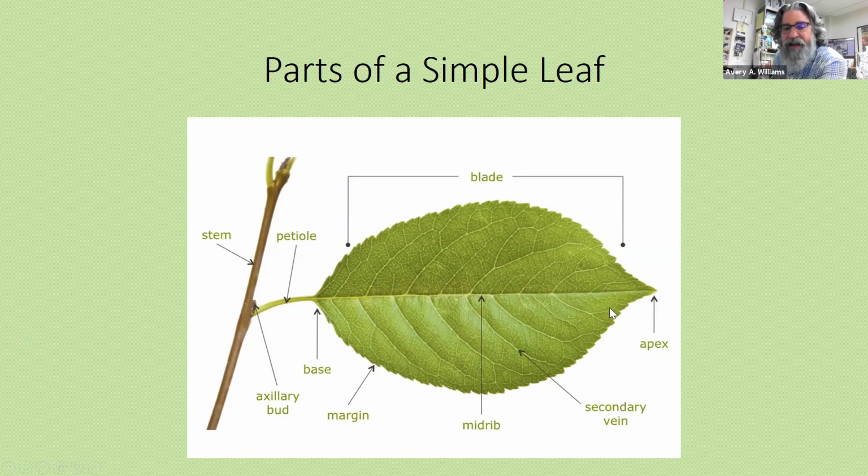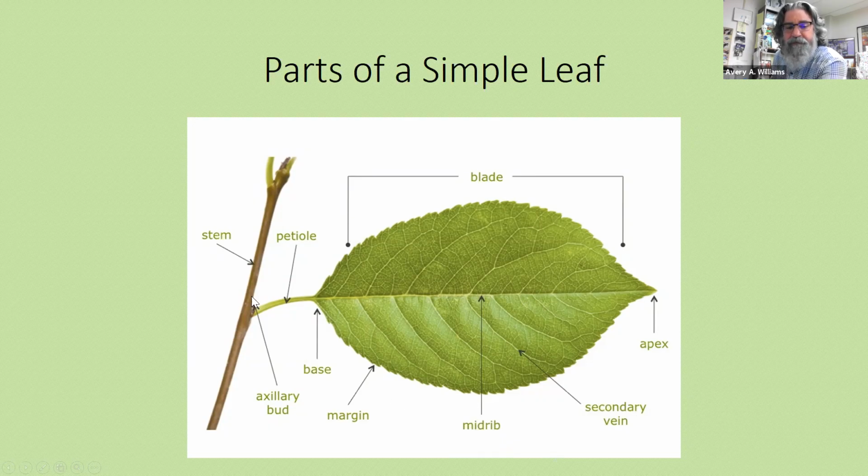The margin is just the outer edge. Apex is the tip. Base is where it connects to the petiole. If you consider the midrib a primary vein, you can call the others secondary veins, but just vein is fine.